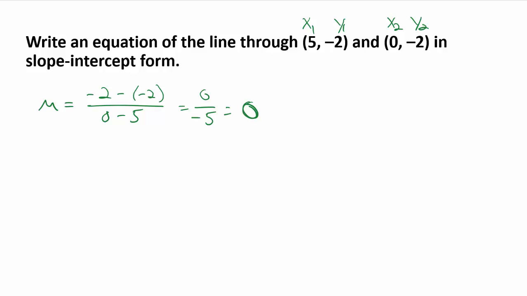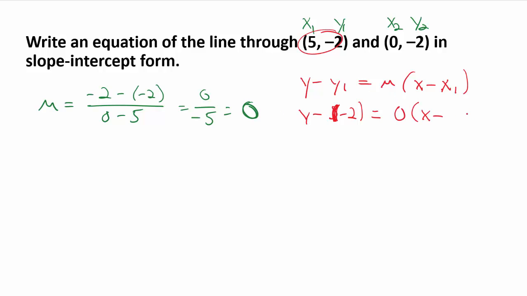But we're going to go ahead and put it in slope-intercept form, and we're going to do it as follows. Again, we're going to use our point-slope form first. I'm going to write the formula first so you can see it. Let's use, it doesn't matter, this point here. y minus y1, which is negative 2, equals 0, our slope, times x minus x1, which is 5.